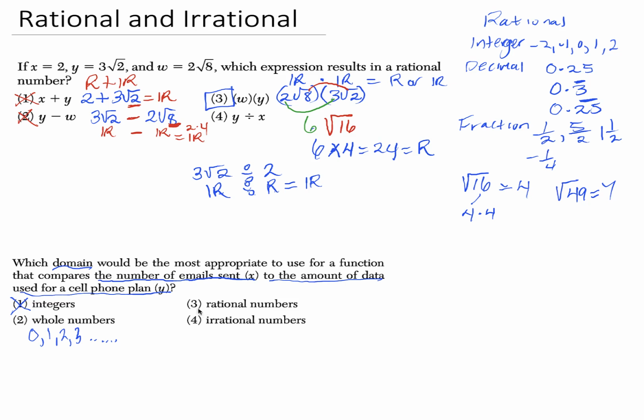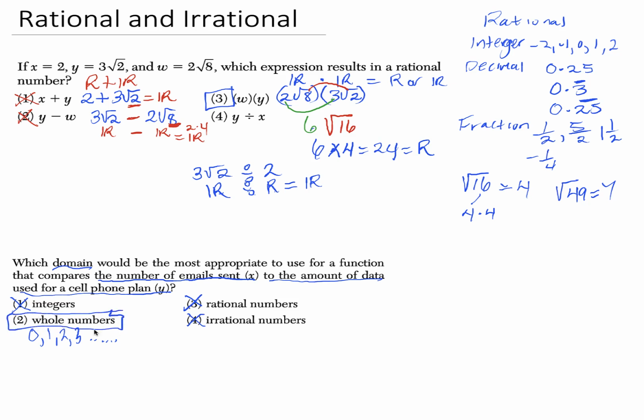Now you think rational numbers. So remember, rational numbers are your integers or decimals or fractions. Could you have a fraction of an email? Decimal of an email? No, that's not possible. And you certainly can't have an irrational amount of emails and a data plan. So the best answer choice here is whole numbers.